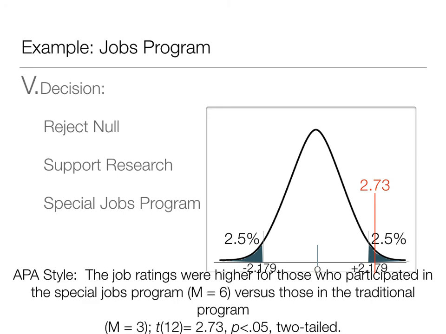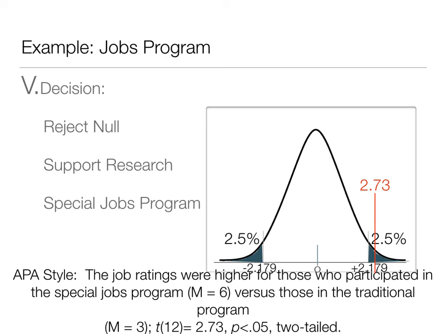How we would write that finding out: the job ratings were higher for those who participated in the special jobs program versus those in the traditional jobs program. Notice we talk about both levels of the independent variable. We're talking about our dependent variable, we've got our means, and then we have our APA style statistical statement. We have t(12), which is telling us which T distribution we're looking at, right?